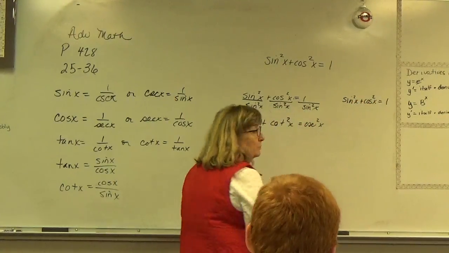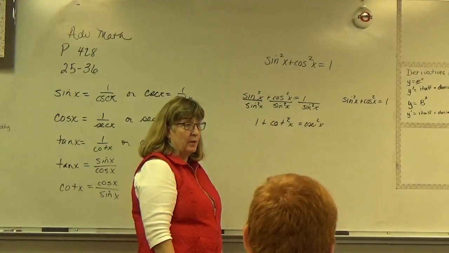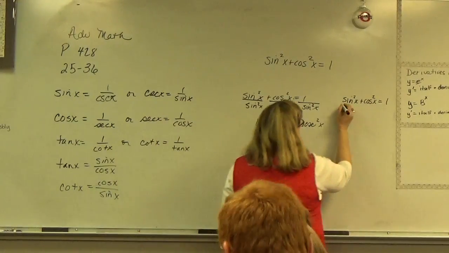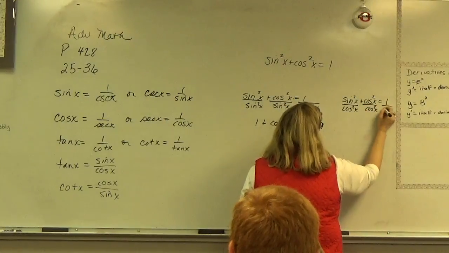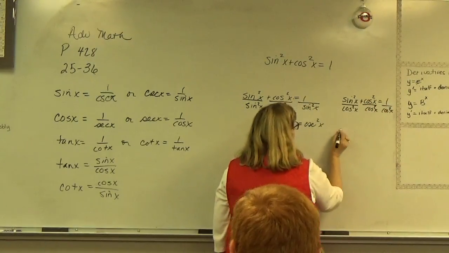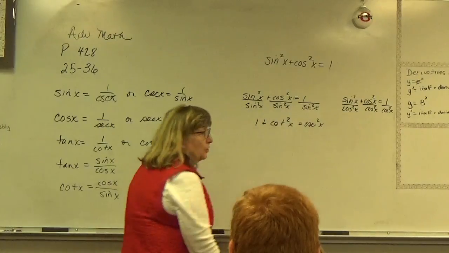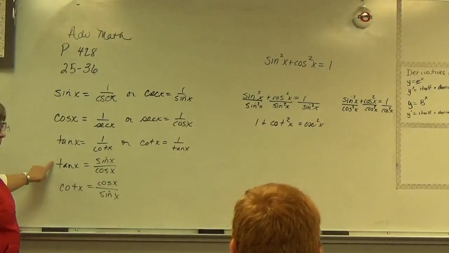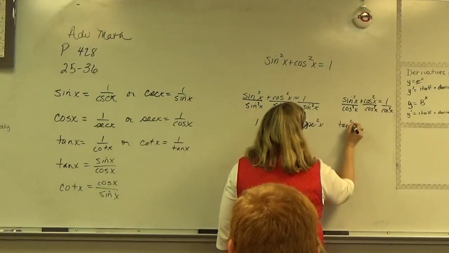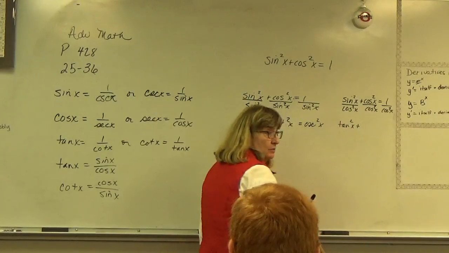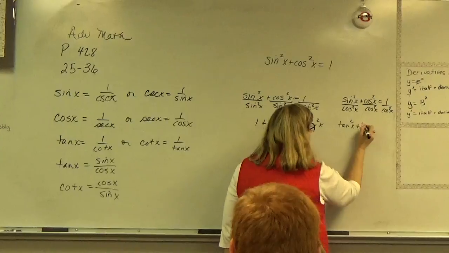Now, what if I took that same equation and instead of dividing by sine squared, this time I'm going to divide by cosine squared. So what's sine squared over cosine squared? Tangent squared. What's cosine squared divided by cosine squared? 1.